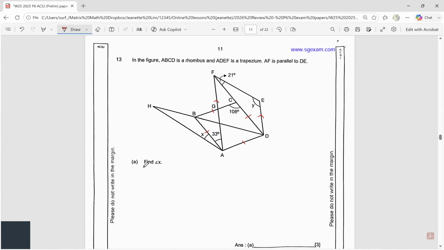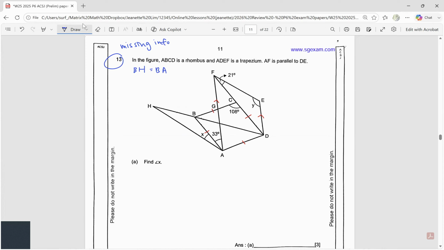Okay, for this question for part A, there's actually missing information. You are required to know, so let's make a note here. Missing info: you need to know that BH is actually equals to BA in order to solve the question.